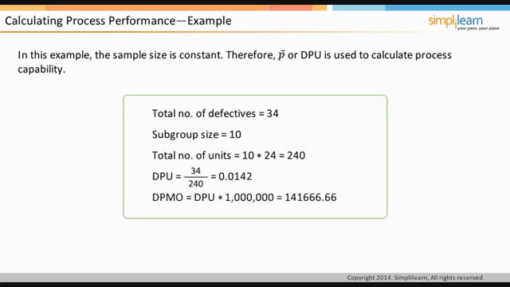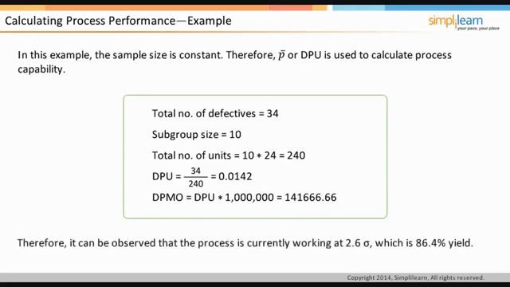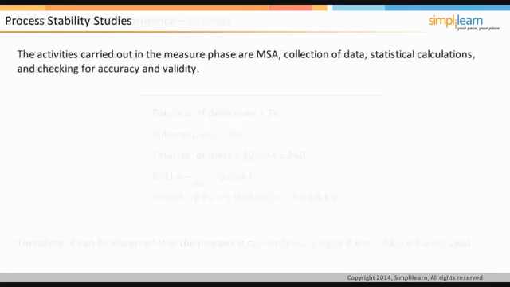The defects per million opportunities is obtained by multiplying the defects per unit with 1 million, which is 141,666.66. Therefore, by looking at the DPMO table, it can be said that the process is currently working at 2.6 sigma, or 86.4% yield. We will learn about process stability studies in this screen.